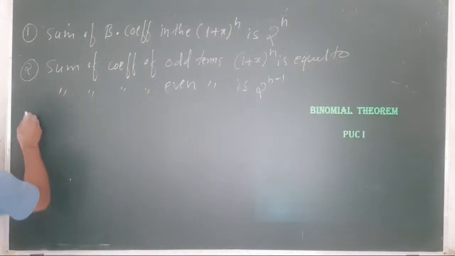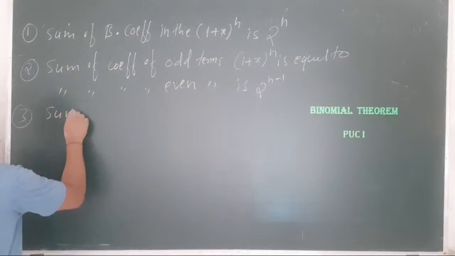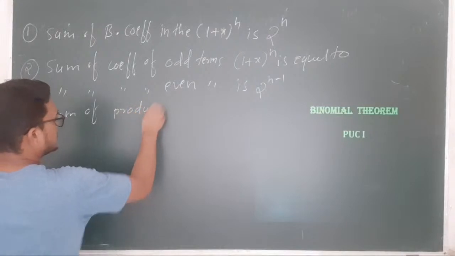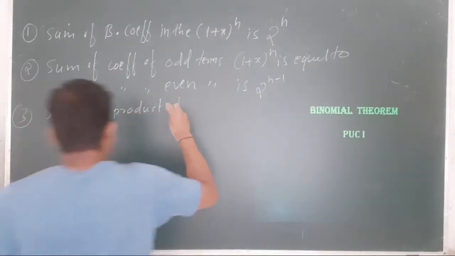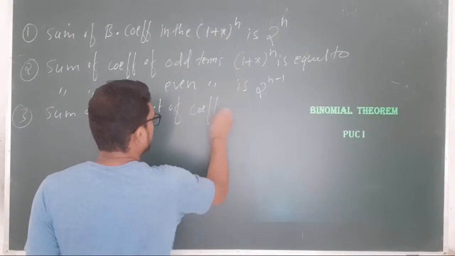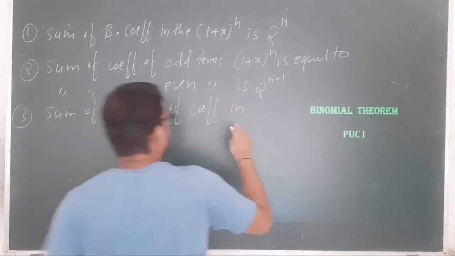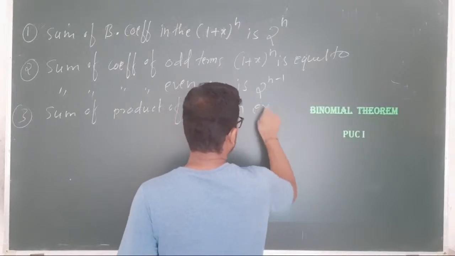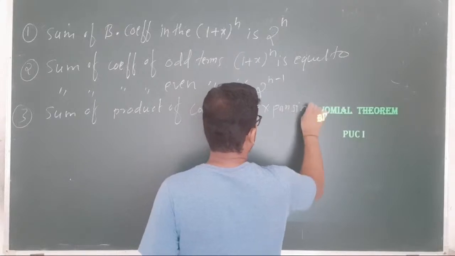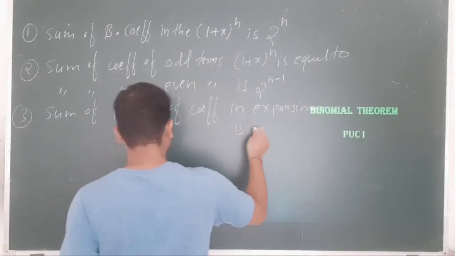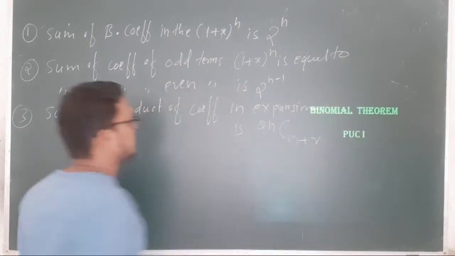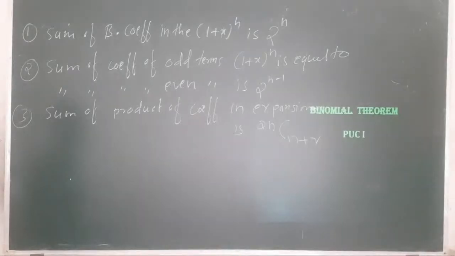Okay. Third property, sum of product of coefficients in the expansion is 2n c n plus r.